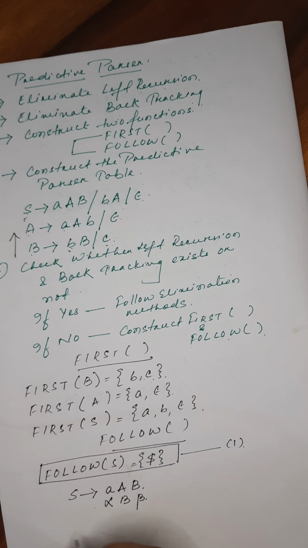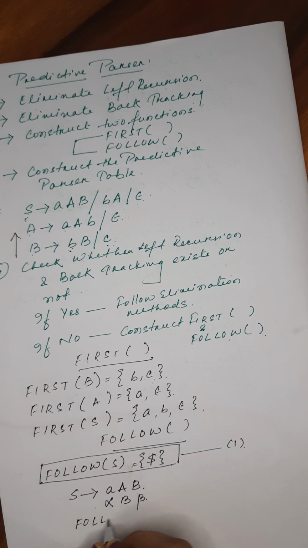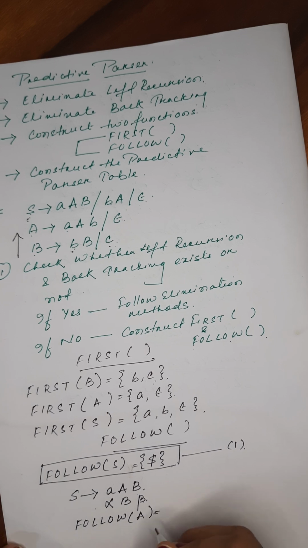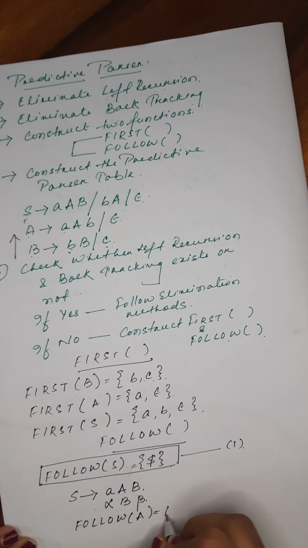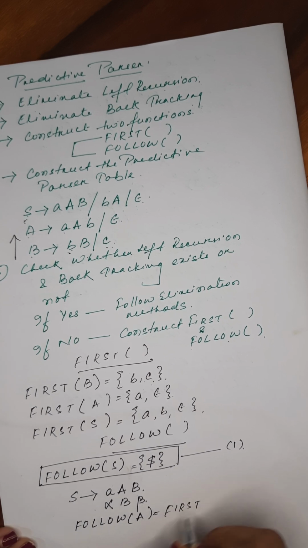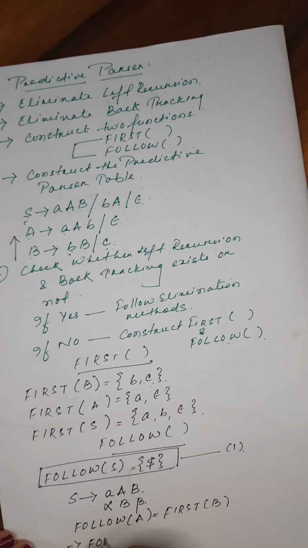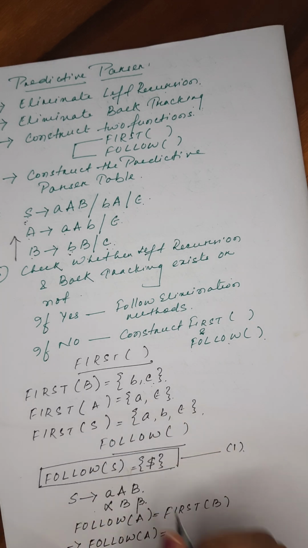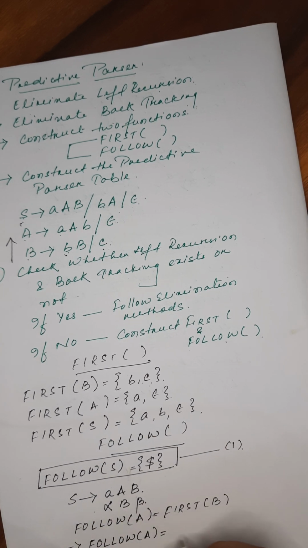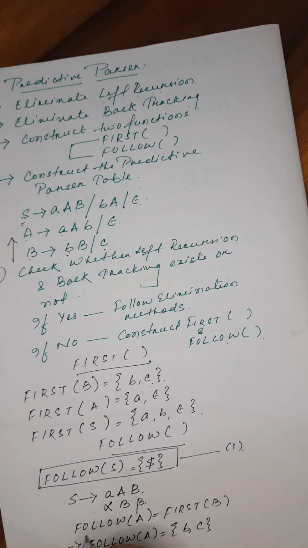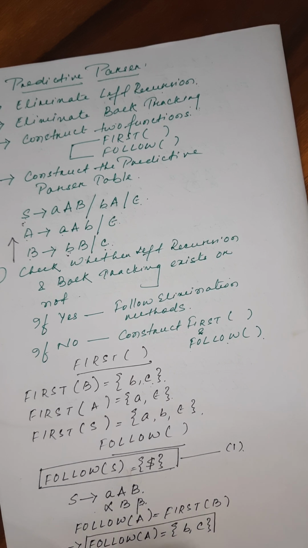So, what you will get? Follow of A is equal to first of beta. Beta means first of B. So, that implies follow of A is equal to first of B. What is first of B? First of B is small b, capital C. This is your equation number 2.